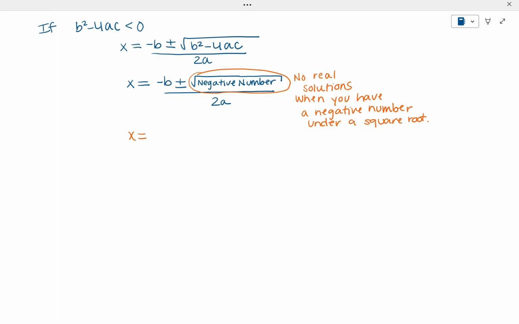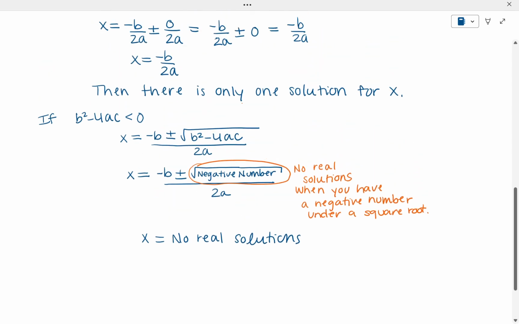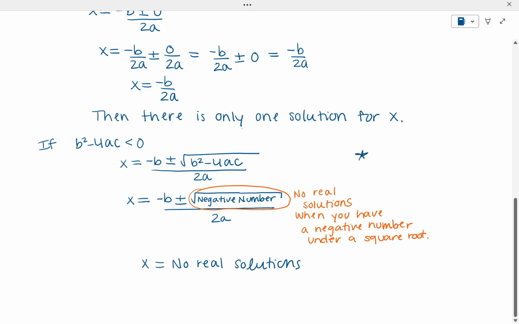So x equals no real solutions. So let's make a quick note of that.